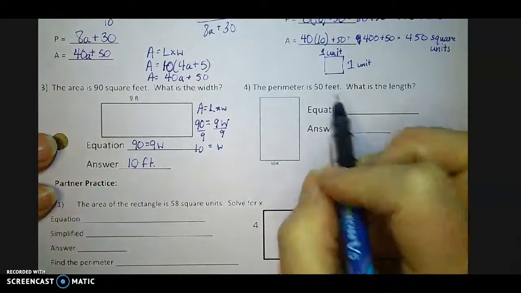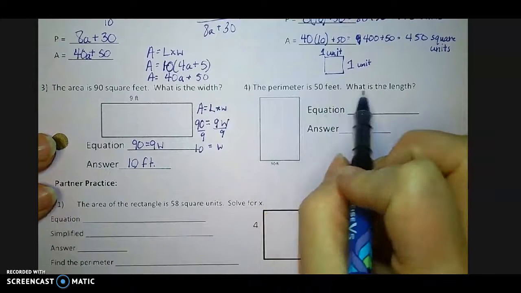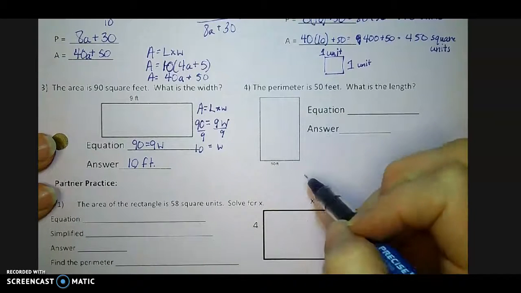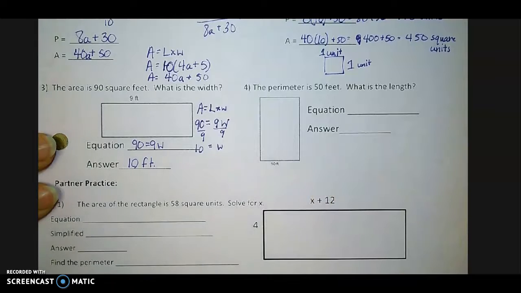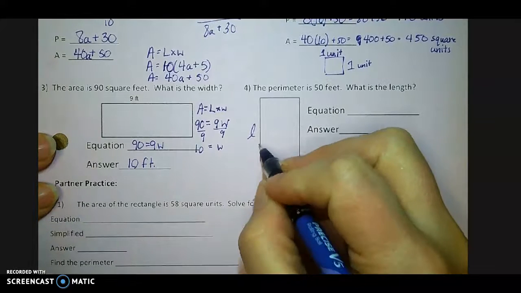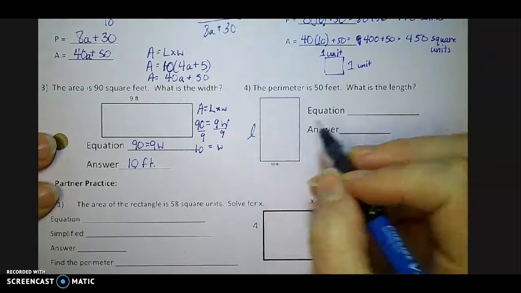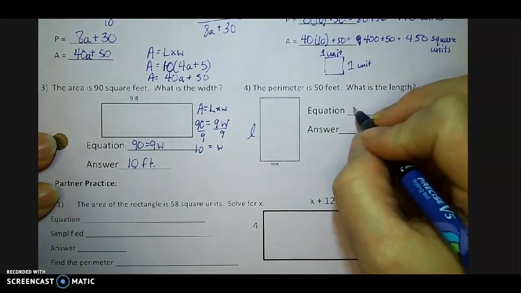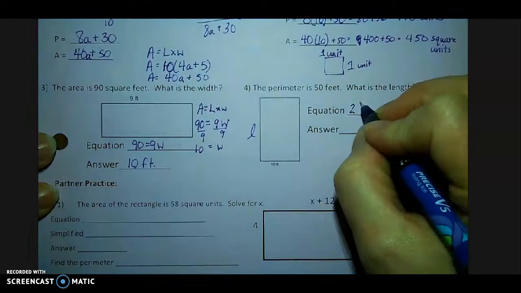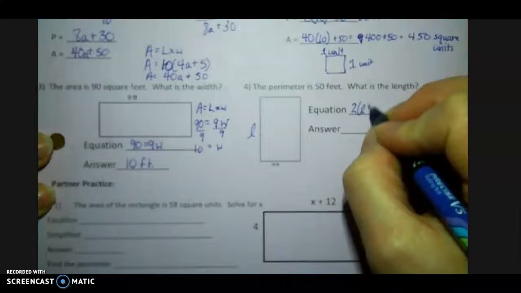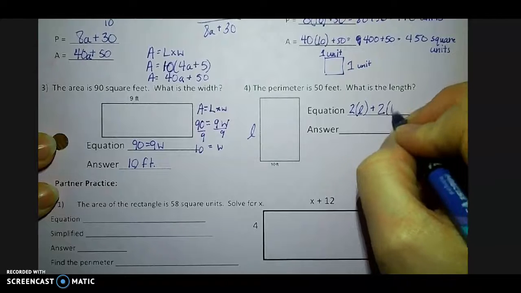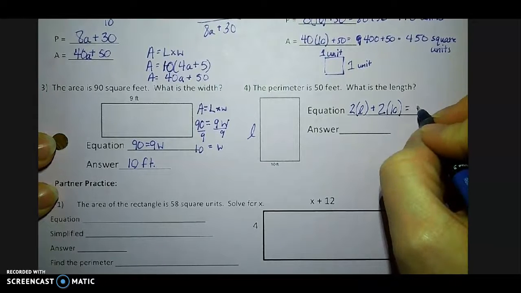Over here, it's telling me the perimeter is 50 feet, and then it says, what is the length? Well, it's a rectangle, and I know that this is 10 feet. I don't know the length, though, so they're saying, what is the length? So perimeter is 2 times the length plus 2 times the width, and that gives me my perimeter.